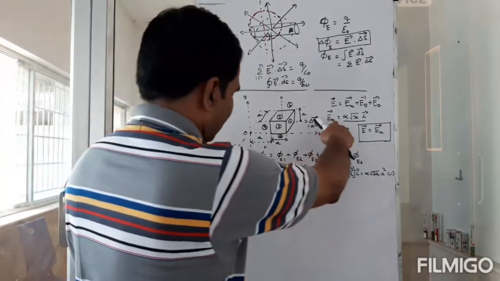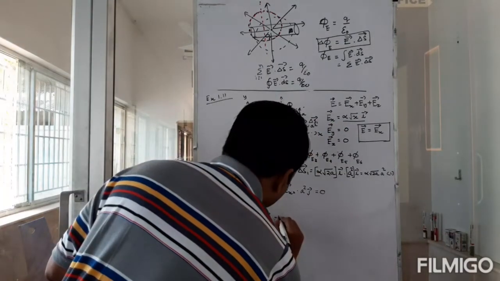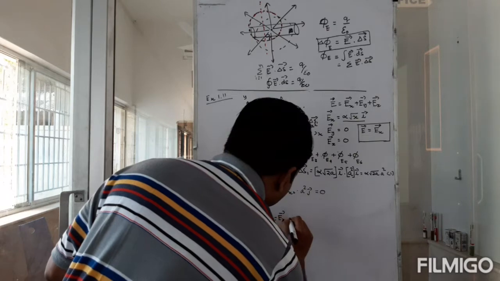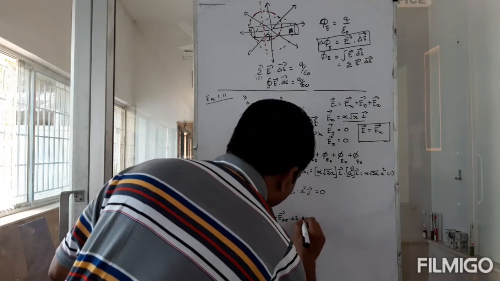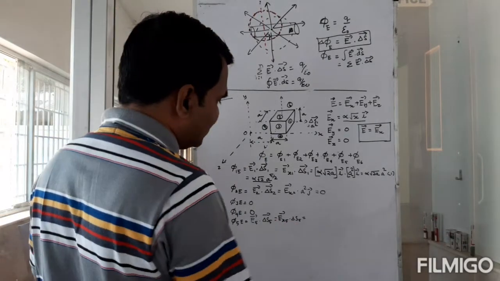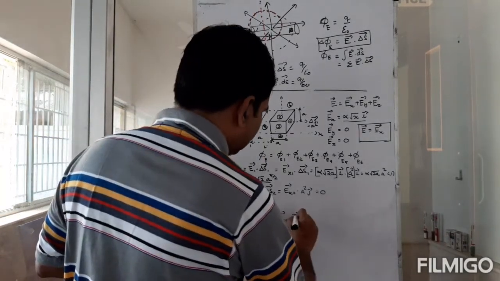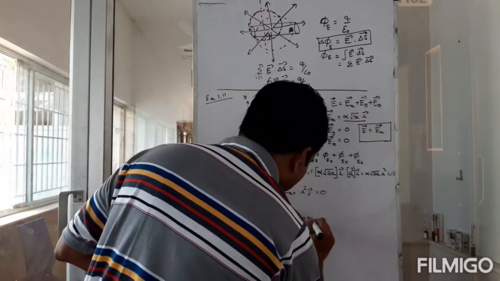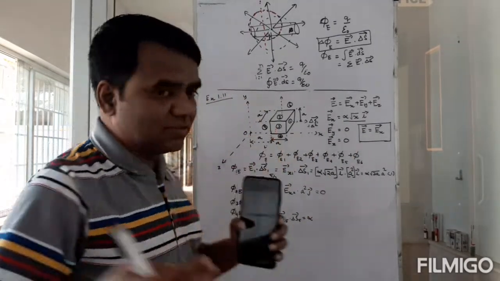That is going to be equal to E x at phi dot delta S phi, which is vector E x phi, that's alpha, and what is this distance from the origin?